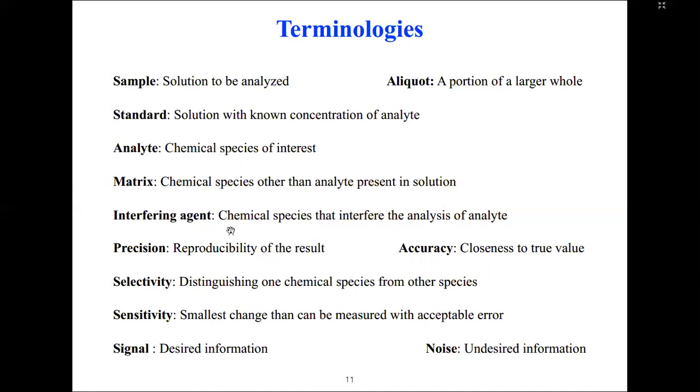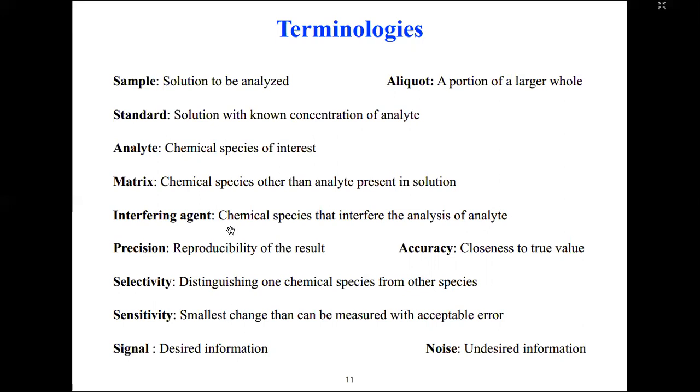Interfering agents are the chemicals that interfere with the analysis of the analyte. For example, if you are analyzing the concentration of sodium, then potassium, which is like sodium, is an alkali metal. Most of the properties of sodium and potassium are similar. Potassium might interfere with the analysis of sodium.